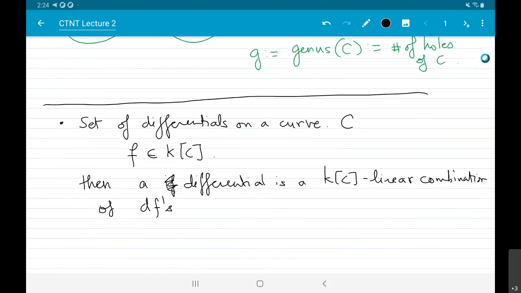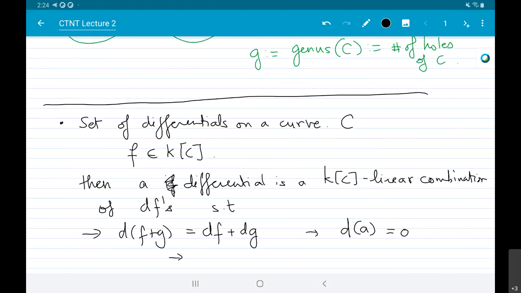You can think of it as a formal sum of df plus dg, blah, blah, blah, subject to the following conditions. First of all, you want it to be linear, so d of (f plus g) is df plus dg. You want it to kill constants, so d of a constant function should be 0.